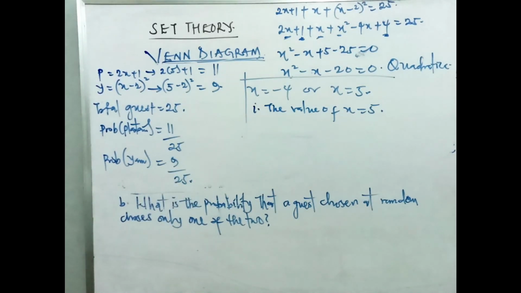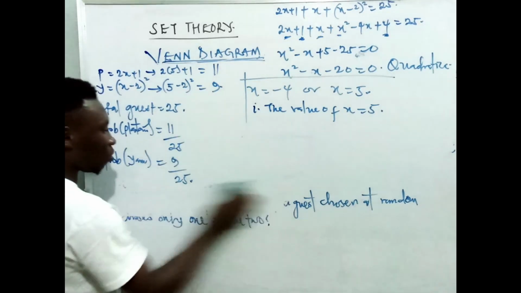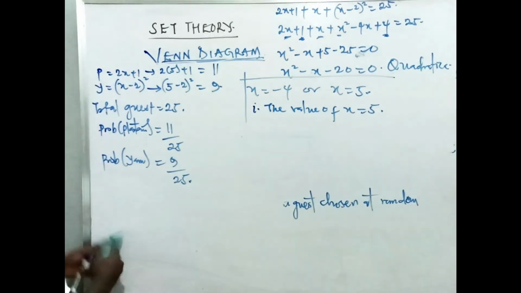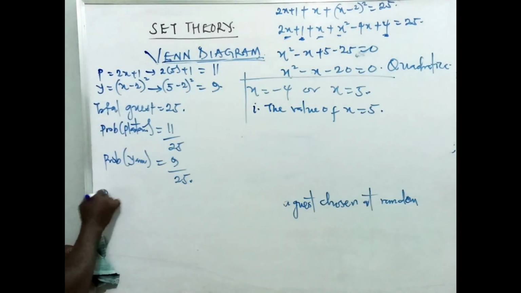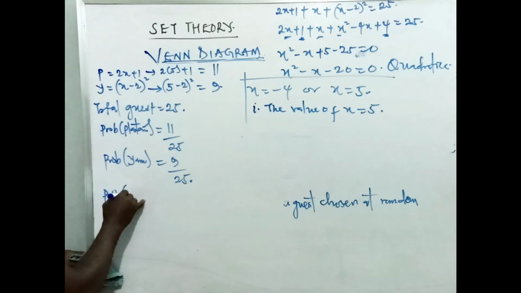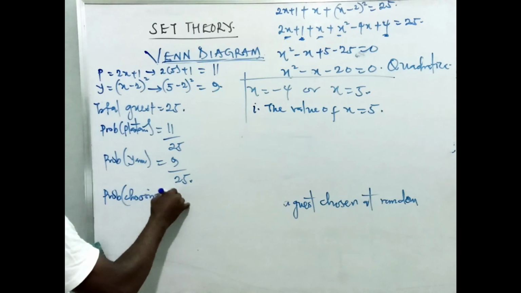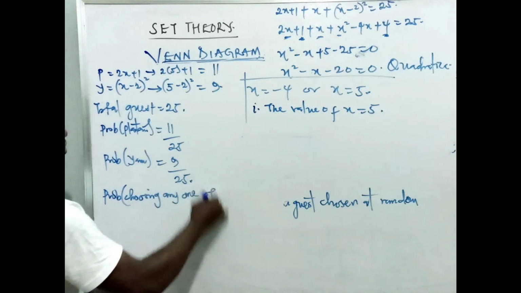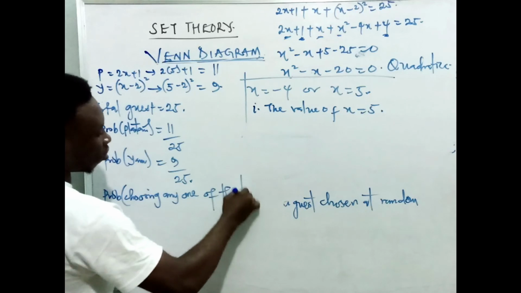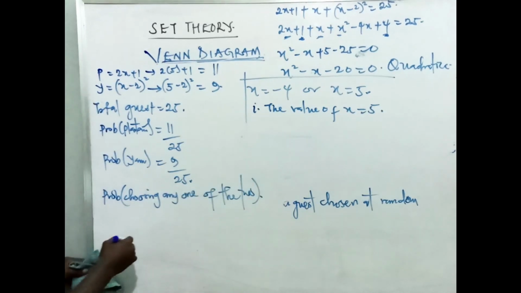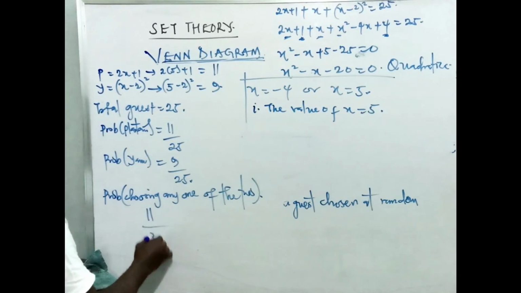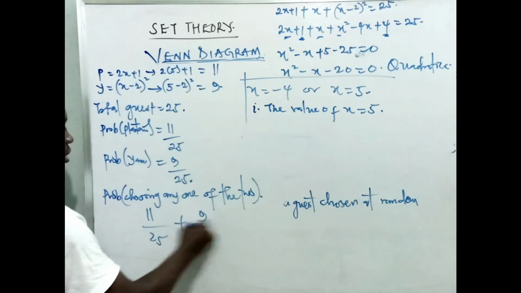Therefore, at this junction, the probability of choosing any one of the two becomes 11 over 25 plus 9 over 25.